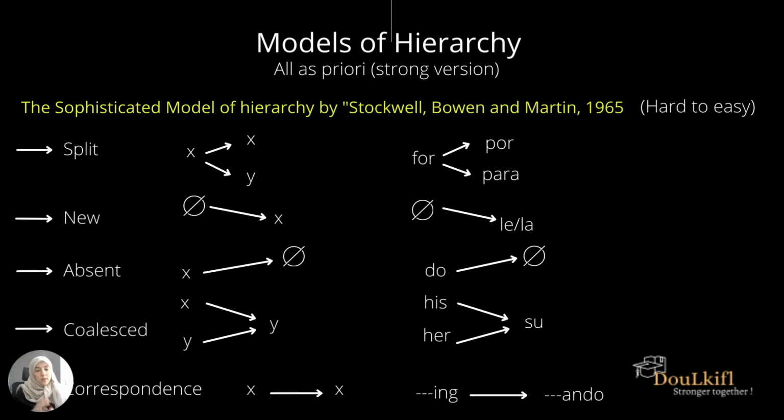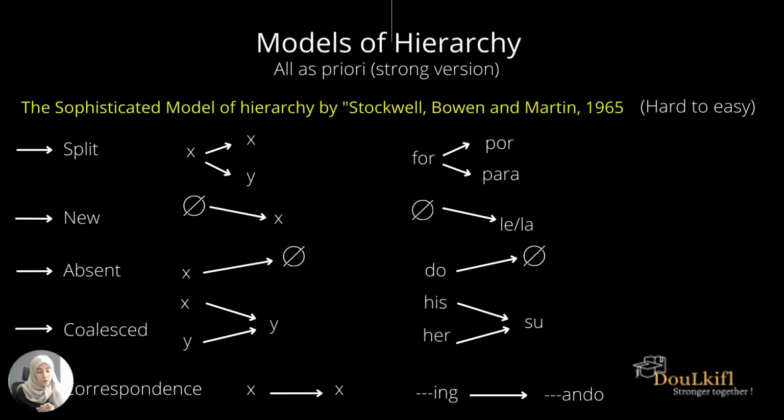Absent is when there is an item in your language that doesn't exist in the target language, so you have to forget about it. Like at the syntactic level, do in English, in some cases. In French, it doesn't exist.